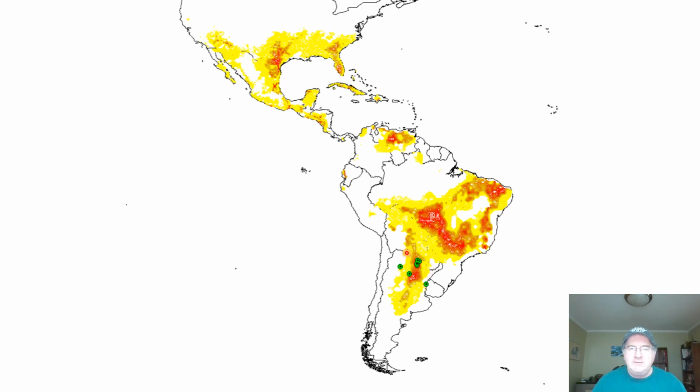So if you look at the environmental variables in these sites where the specimens originated from, and you ask yourself the question, well, what if specimens from this area got out and somehow were introduced into North America? How far would they spread?